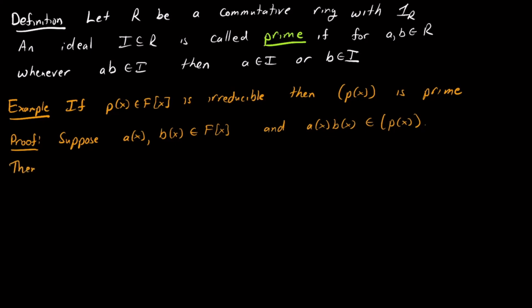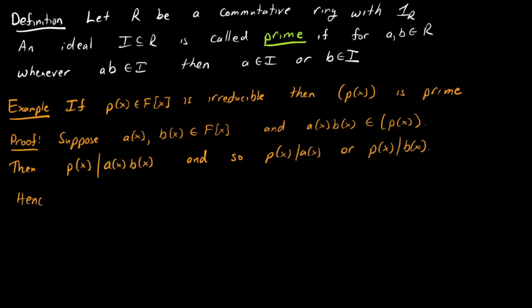Then, just like with our prime integer example, we know that P of x divides A of x times B of x, and we showed that irreducible polynomials have the property that if P of x divides A of x times B of x, then P of x divides A of x, or P of x divides B of x.